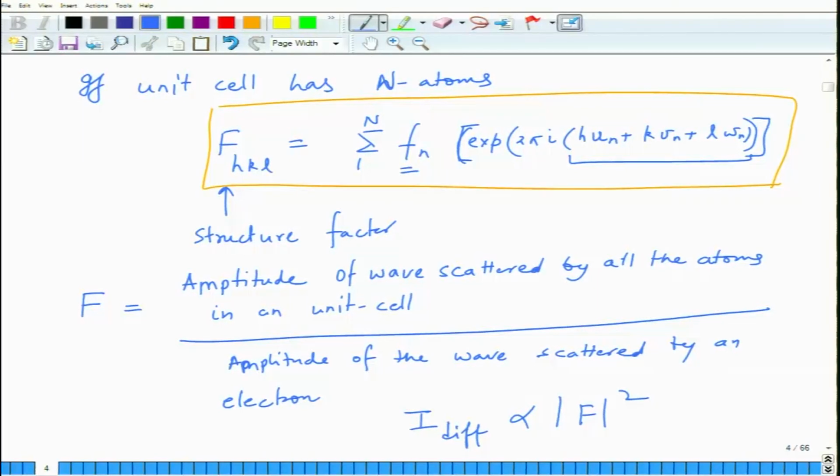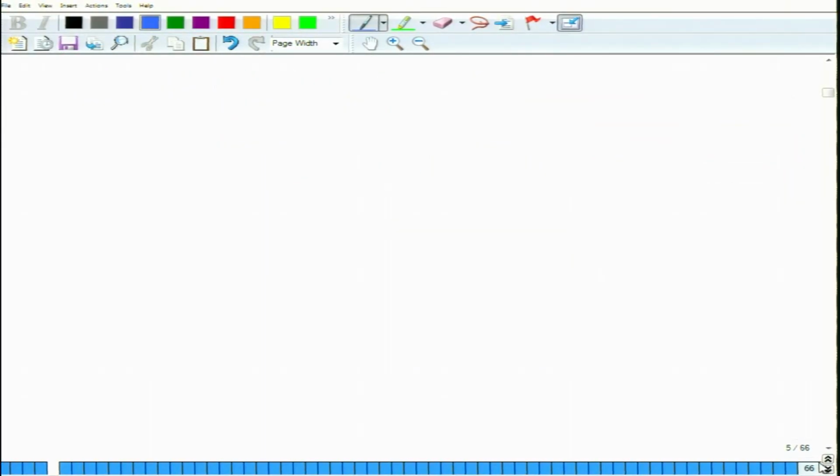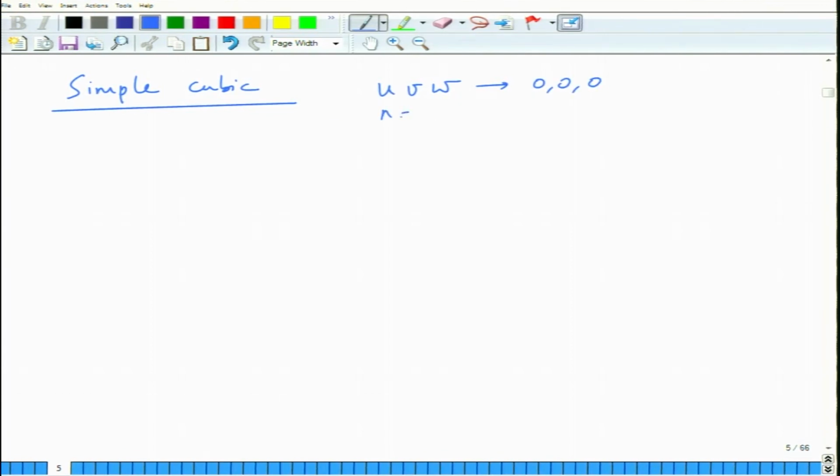We will now see the case of the simple cubic structure first. For simple cubic, what is UVW? You have only one atom, which is at 0, 0, 0, and n is equal to 1.